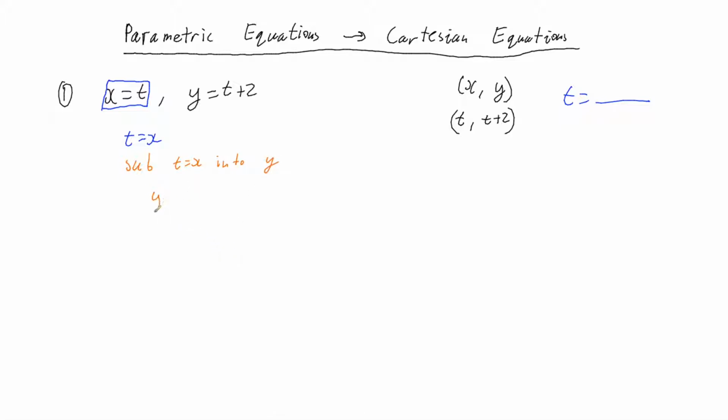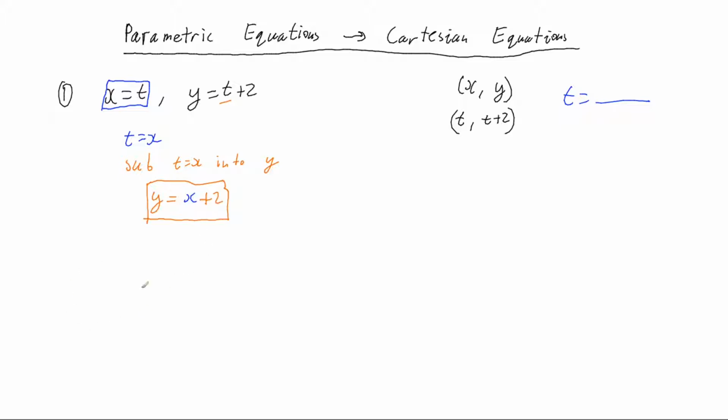So I'm going to have y equals, and where we encounter a t, I'm going to replace it with what we know t to be, and then finish off my y equation with the plus 2. I would then tidy the equation up, but there's nothing I really need to do. So I'm left with y equals x plus 2 as the Cartesian equation for this parametric equation.